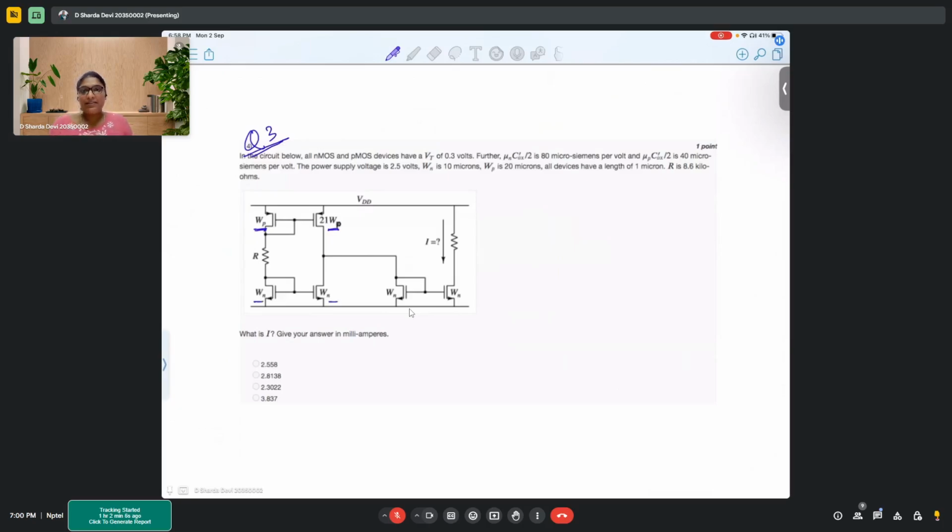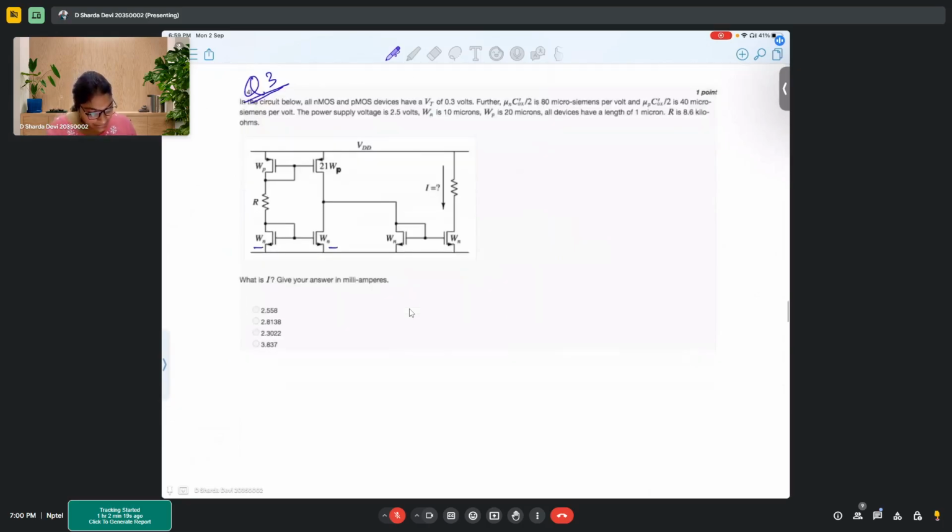So you can get from the factors that it is somehow increasing or multiplying your current, right? So we call these circuits current multipliers. Okay, so let's quickly dive into the problem.